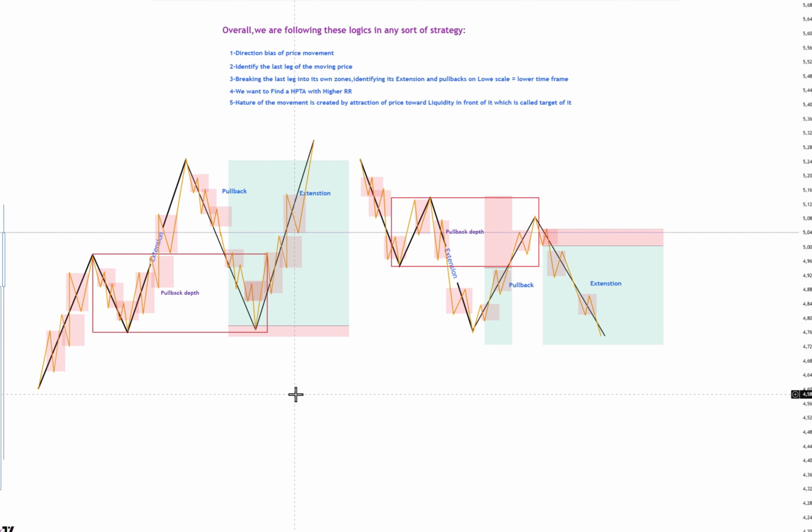Some people who have FOMO try to get into a position in here. They have a huge stop loss and they have this TP, and they're barely getting 1-to-1 with the same kind of movement.